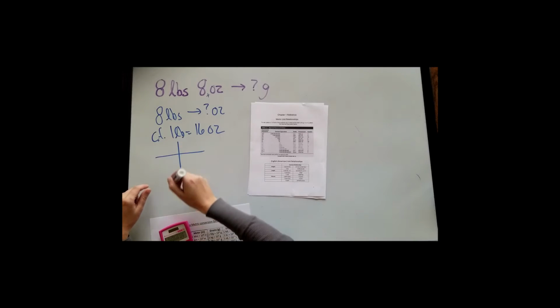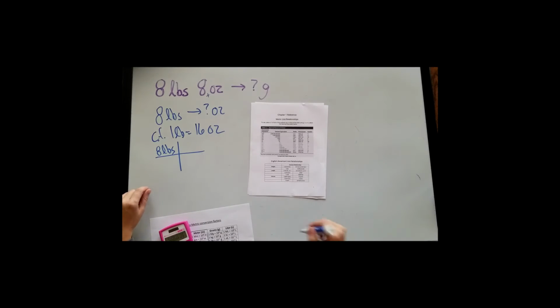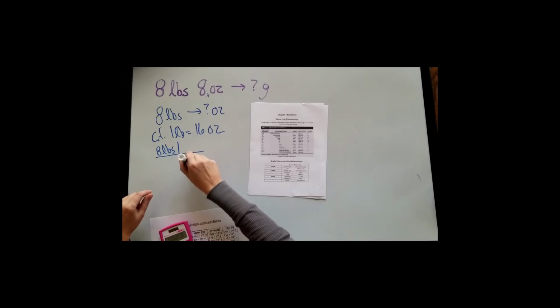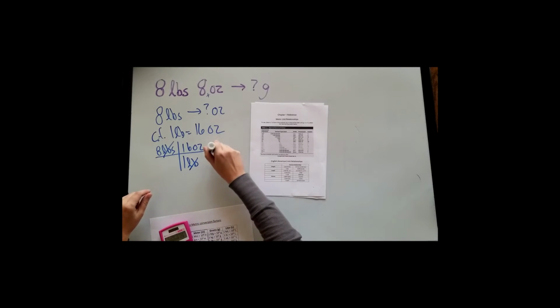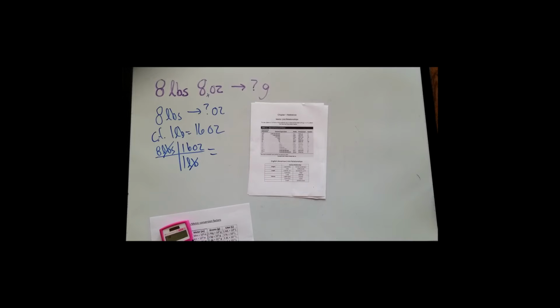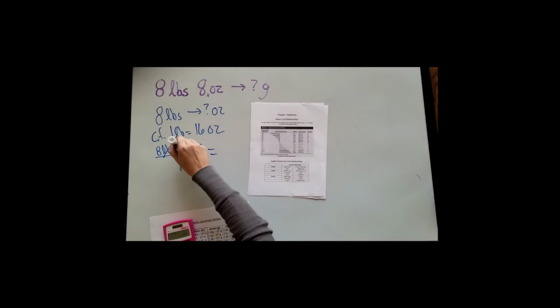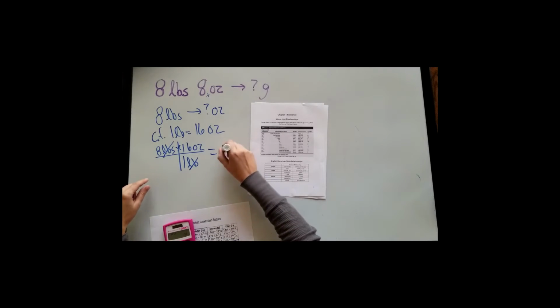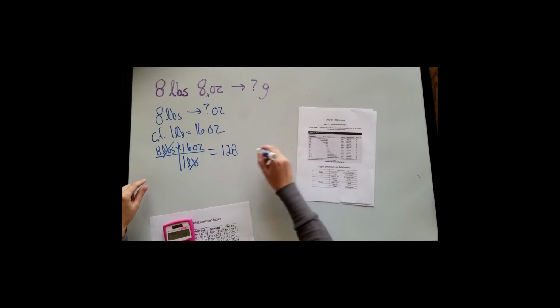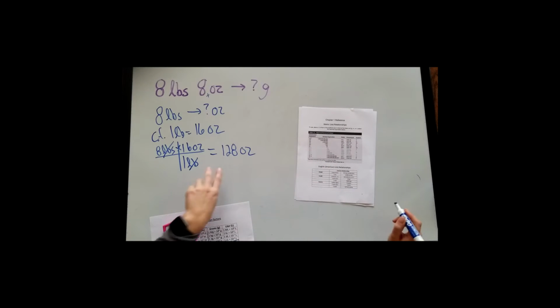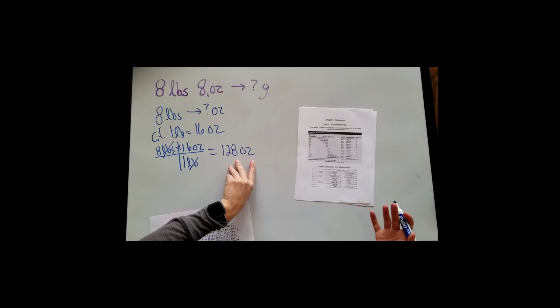One-step conversion. I'm going to start with my 8 pounds. Using this conversion factor, I'm going to put pounds on bottom, ounces on top, so that pounds cancel. 8 times 16, multiplying across, gives me 128 ounces. Now, that's not the entire mass of the infant, right?